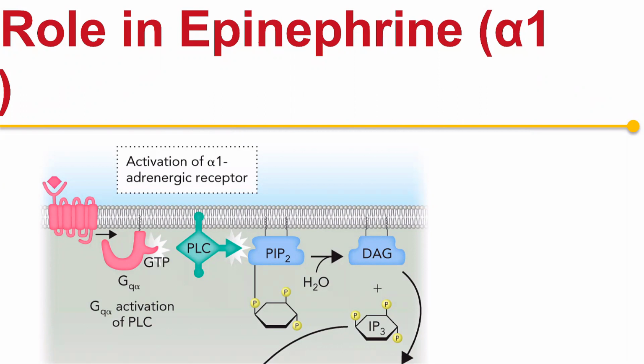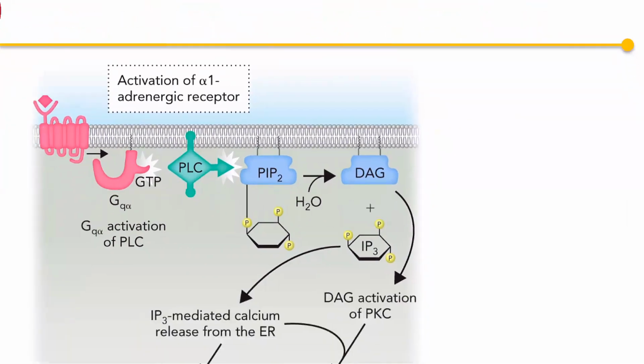We're going to activate PLC, right? PLC, phospholipase C, is what hydrolyzes PIP2. When we hydrolyze that membrane phospholipid PIP2, it's going to generate our secondary messengers, which are DAG and IP3.